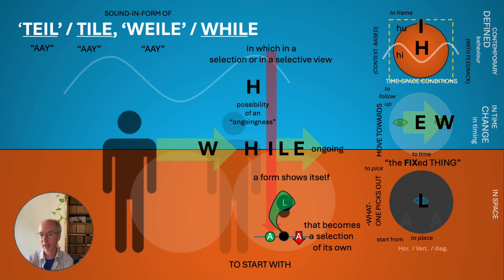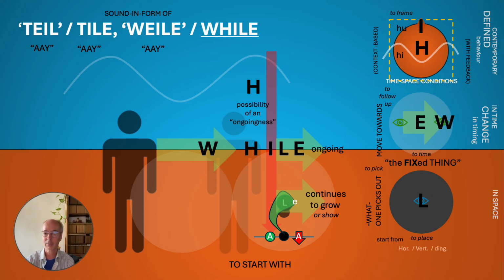It will almost show its selection on its own, its formation on its own. And with the A to the L, it again has an idea of as if it continues to grow, as if it continues to show itself for a while.